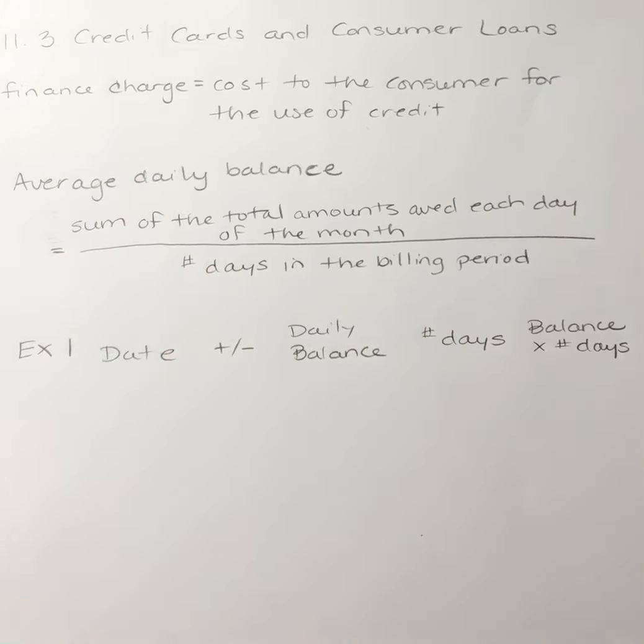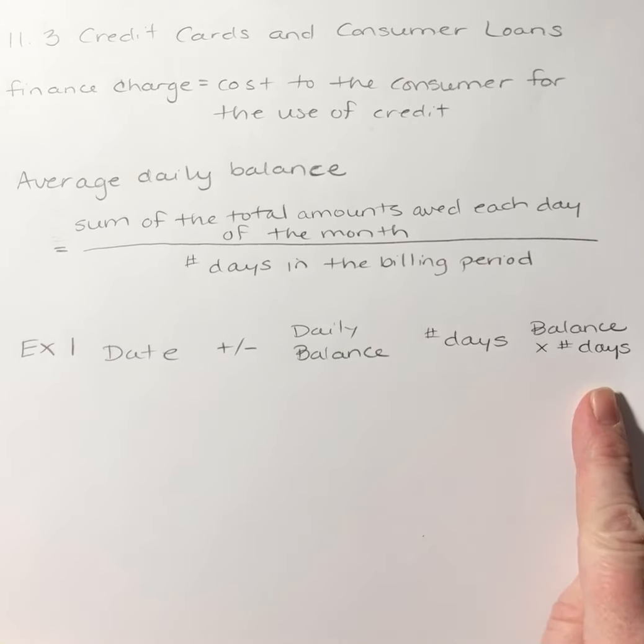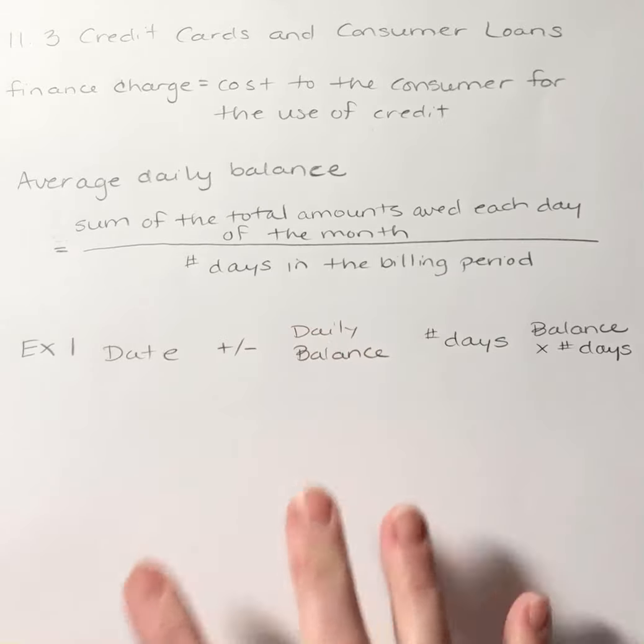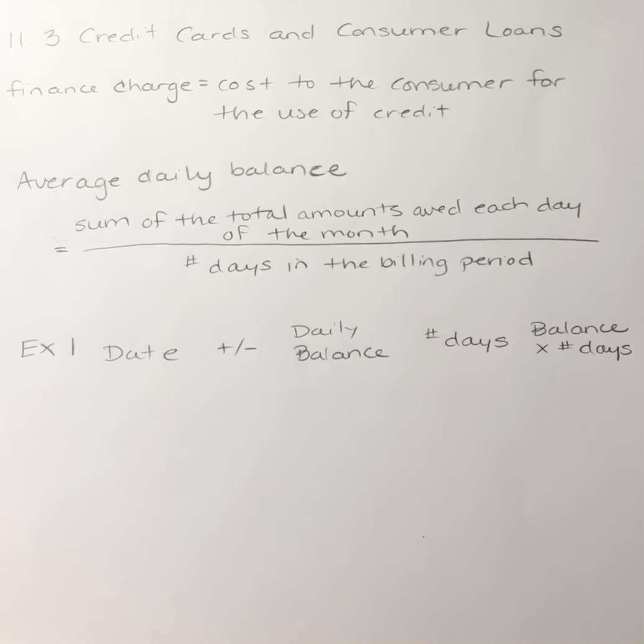So when you do these problems, you're going to want to set up a little chart. And I'll show you how to fill this out in the easiest way possible, okay? So I'm doing example 1 on page 647. Calculate the interest on a credit card bill. An unpaid bill for $620 had a due date of March 10th.